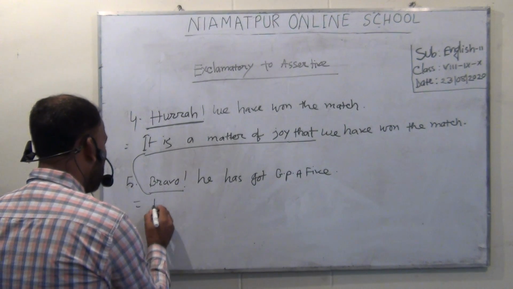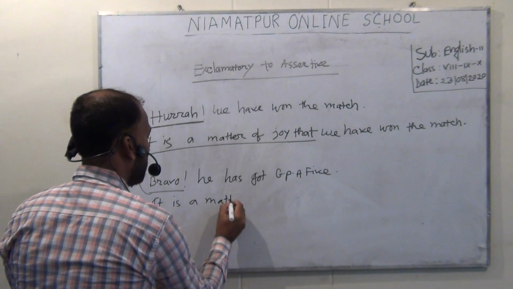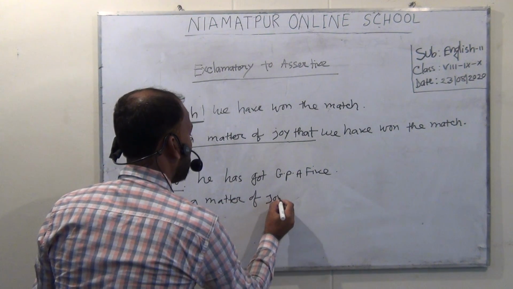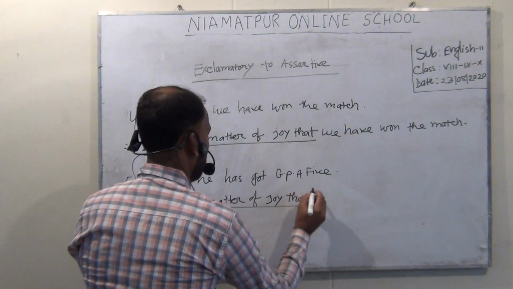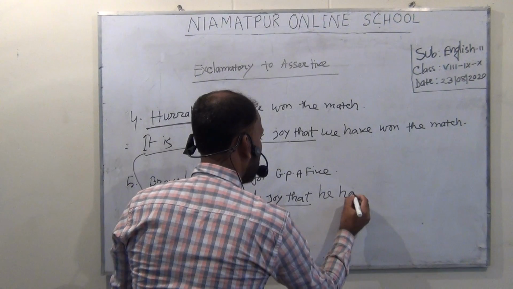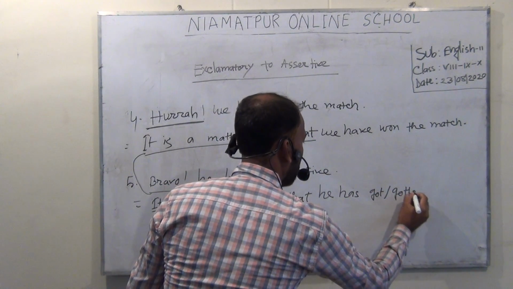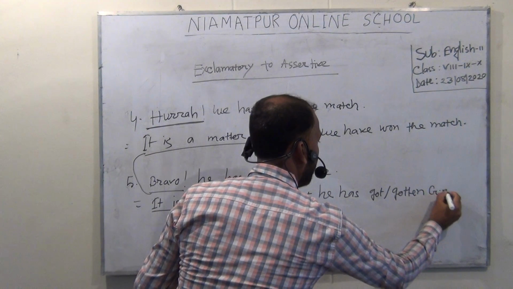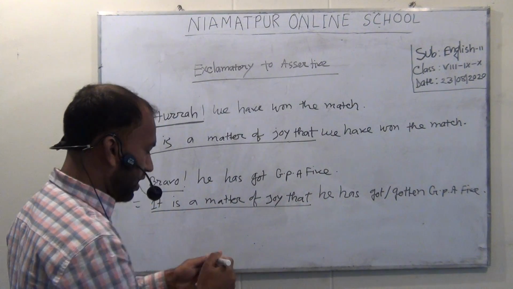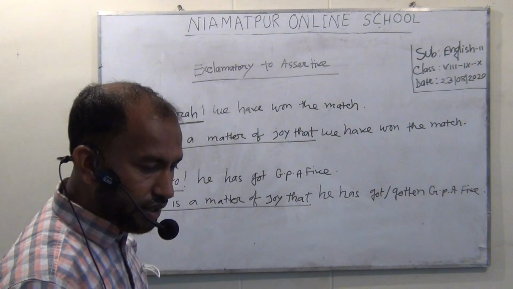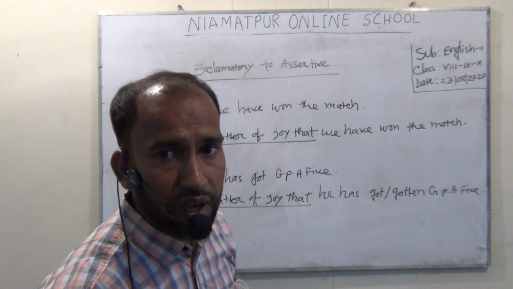So we can write down it's a matter of joy that he has got or gotten GPA 5. This is the next part of the sentence. In this way, we can change from exclamatory to assertive.